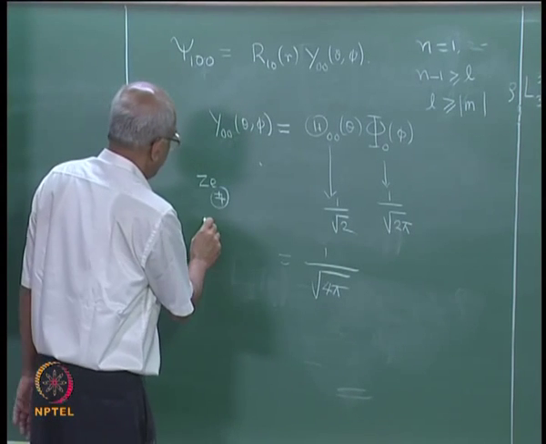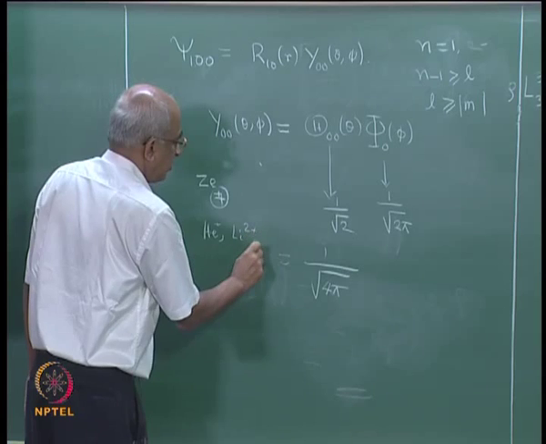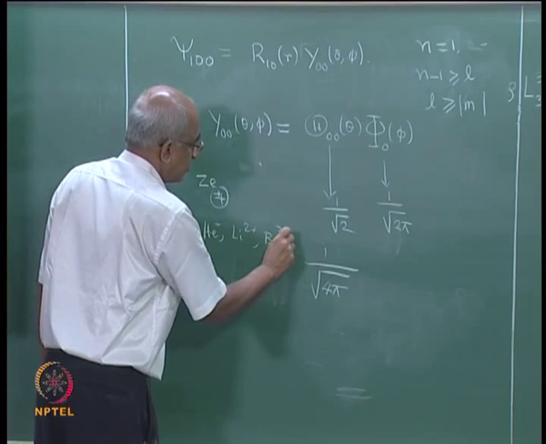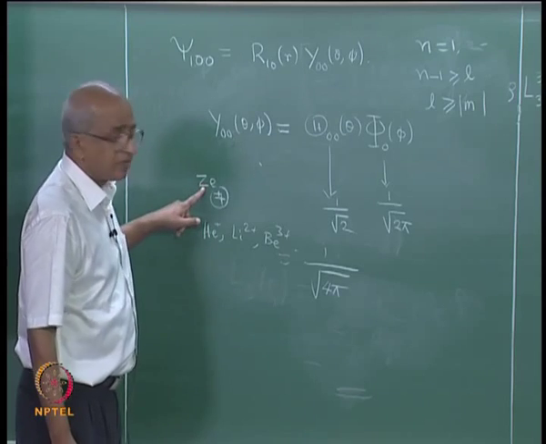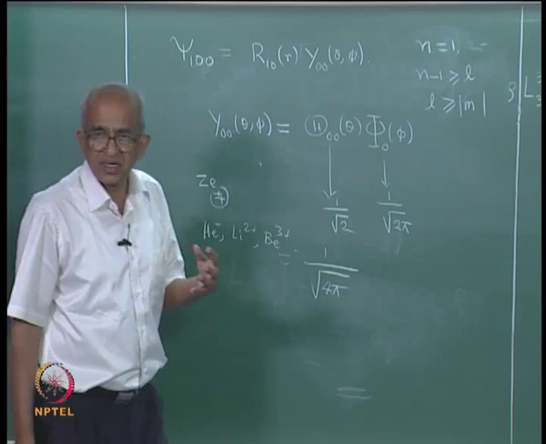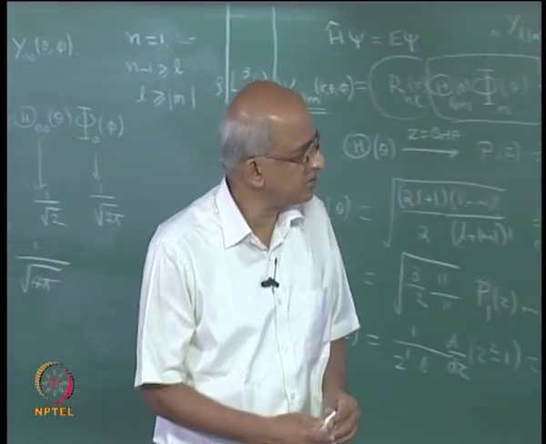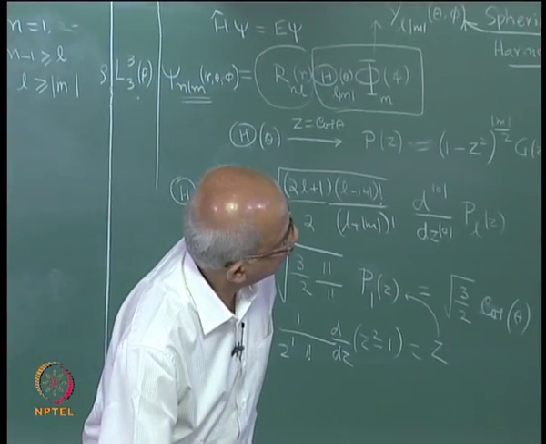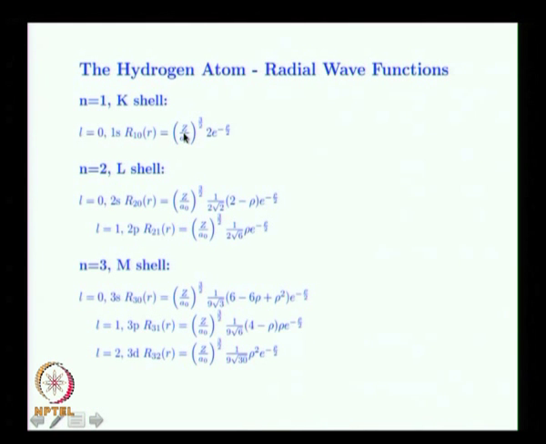So, this will be valid for helium ion, it will be valid for Li 2 plus or beryllium 3 plus and so on. For helium He plus, the value of Z will be 2, but because we are interested only in the case of the hydrogen atom, all that I need to do is take this expression and say that because I am interested in the hydrogen atom, this Z is simply equal to 1.